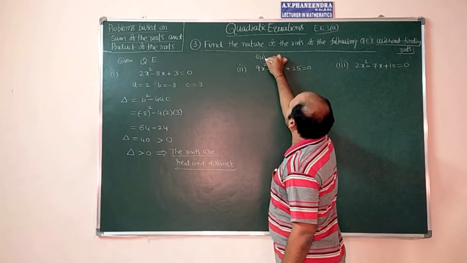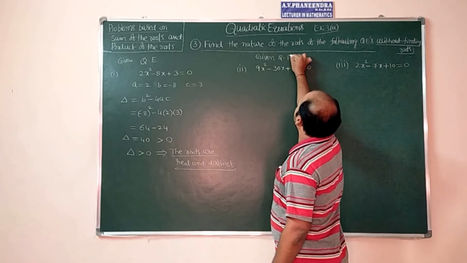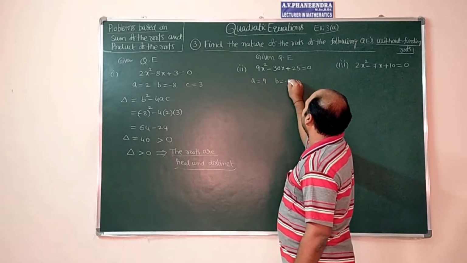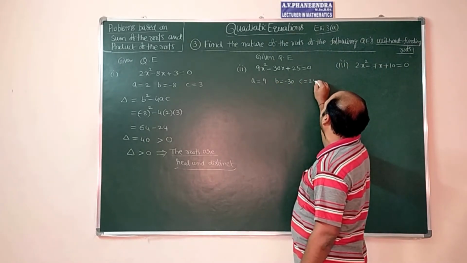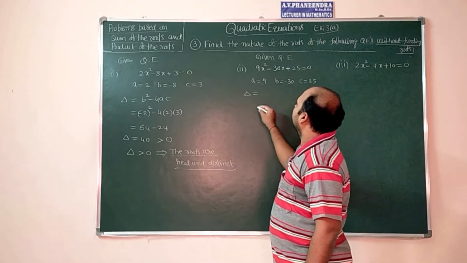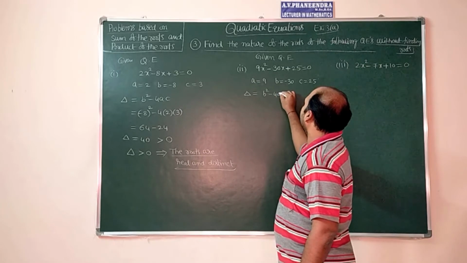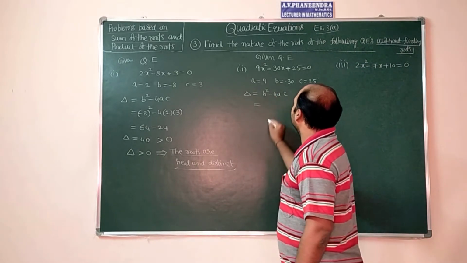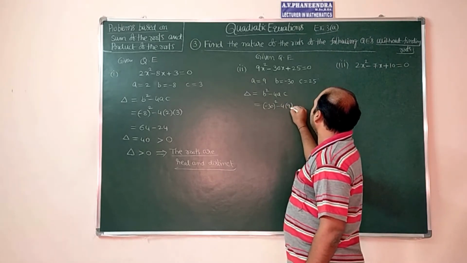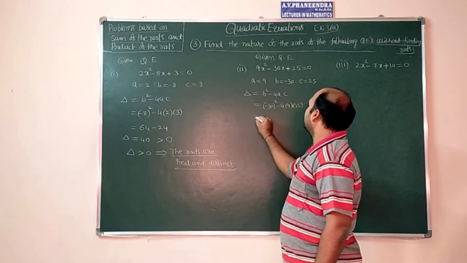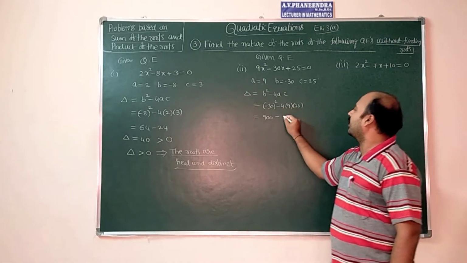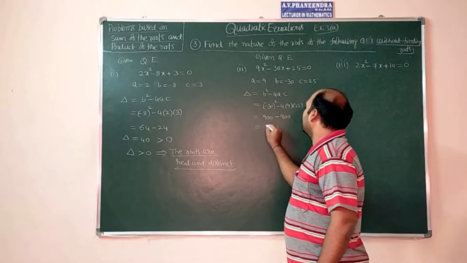Given the quadratic equation, write the values of a, b, c. a is equal to 9, b equals -30 and c is equal to 25. After that, calculate the delta value, the discriminant b² - 4ac, which is equal to (-30)² - 4 into 9 into 25, which is equal to 900 - 900, which is equal to 0.